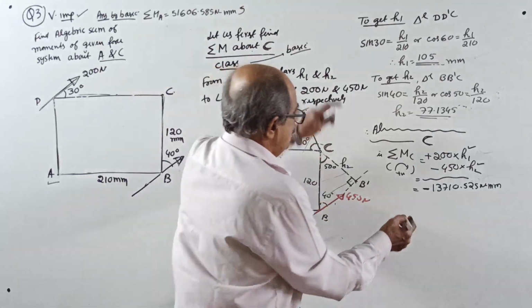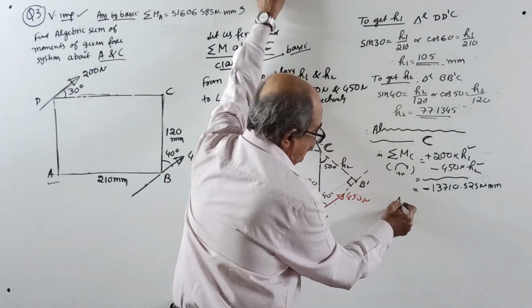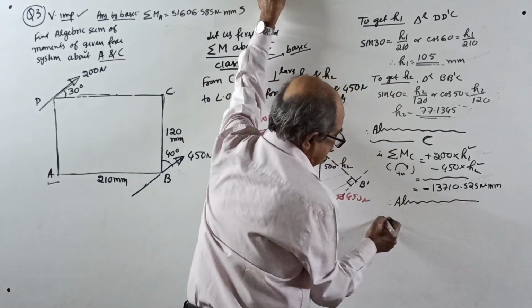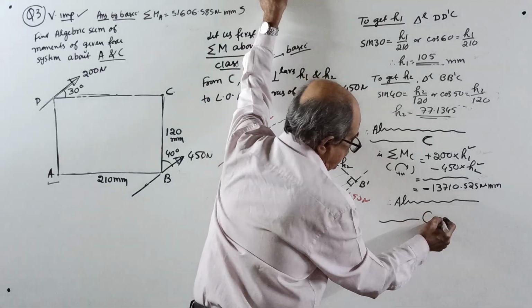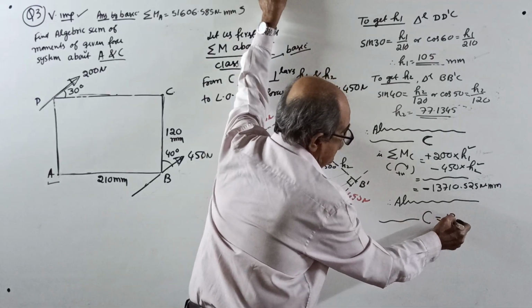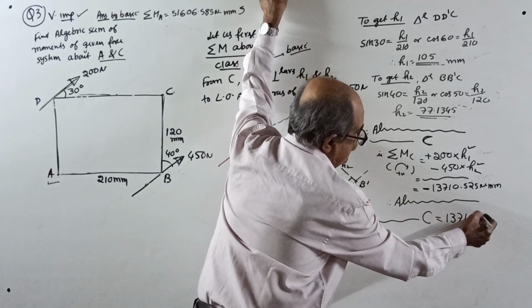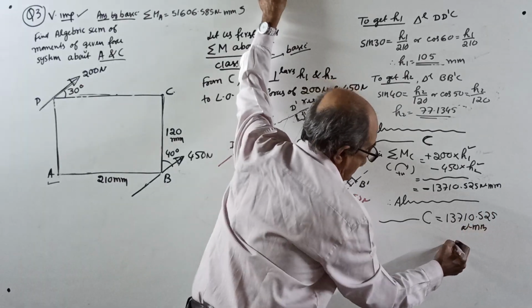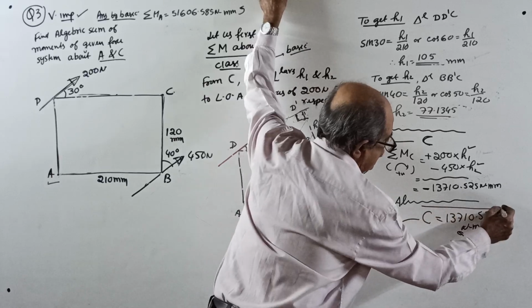Okay, over. Therefore, conclusion, right here. Therefore, conclusion. Algebraic sum of moment of the given force system about the point C equal to 13710.525 Newton millimeter anti-clockwise.